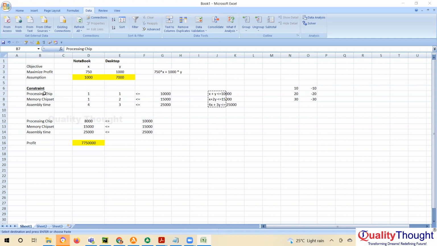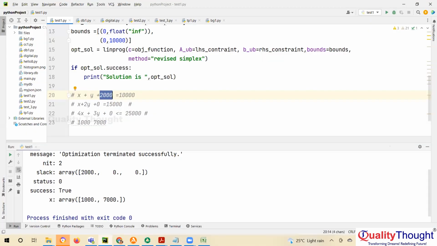So you're saying that your memory chipset and assembly line, you will not be left with any value. It's totally consumed. But for the processing chip, you are left with 2,000. That's what slack is saying. It is less than the limit by 2,000. So that's your slack variables.